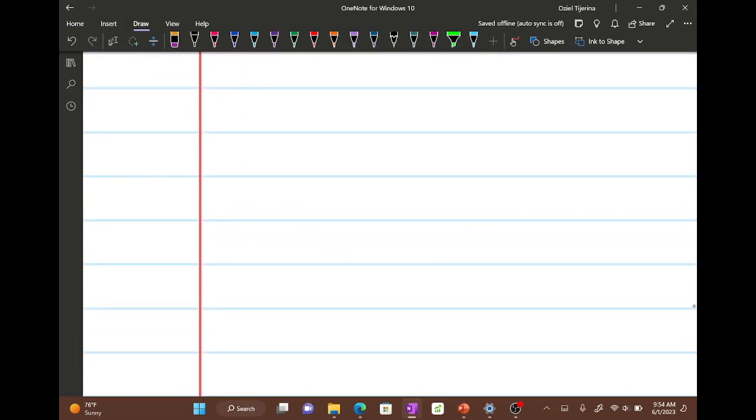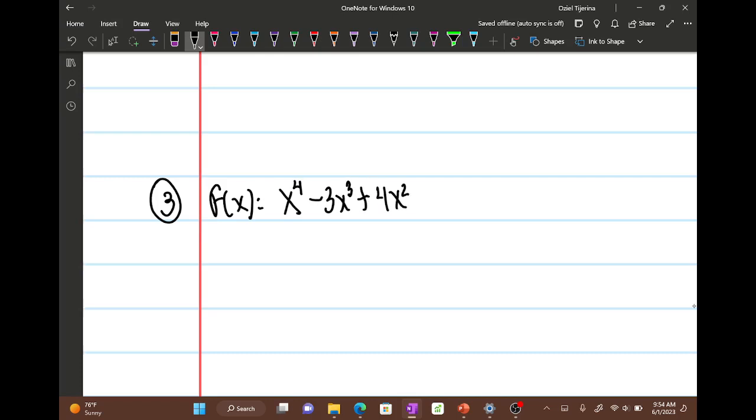Let's do a little bit of a harder one this time. Let's do f of x equals x to the 4th power minus 3x cubed plus 4x squared minus 6x plus 2. This is again a polynomial. So we're going to bring this down. f prime of x is going to be 4x to the 4 minus 1.